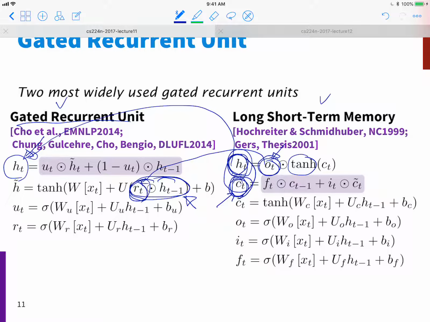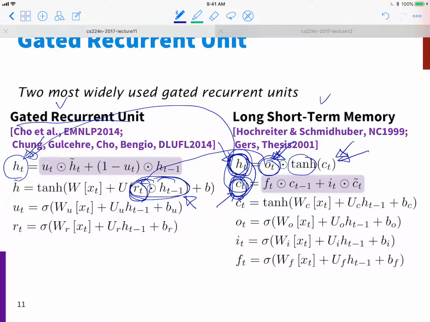But here, as Chris Manning mentioned, the time step of performing this filtering is different between these two. We have a current cell state, and in order to generate the current hidden state vector, we perform this output gating at the current time step.